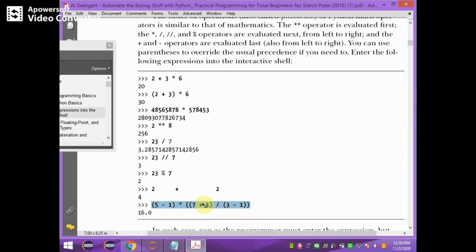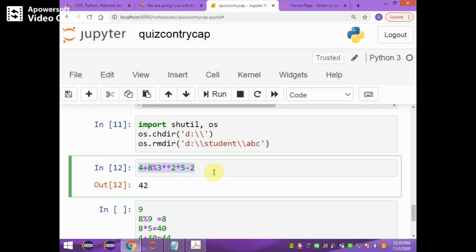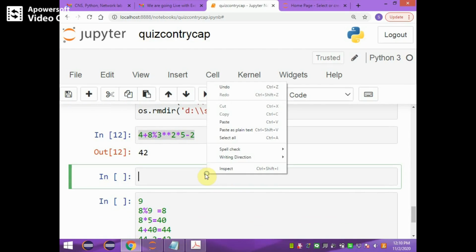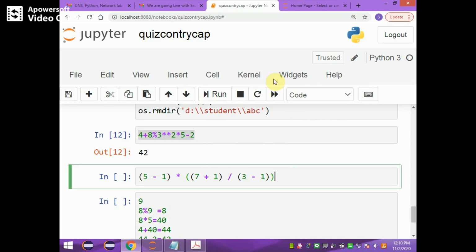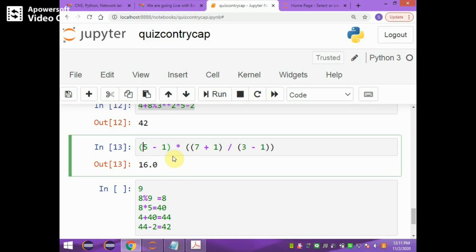If you try to evaluate this in Python and run, you get the value 16 because here 5 minus 1 in the parentheses becomes 4.